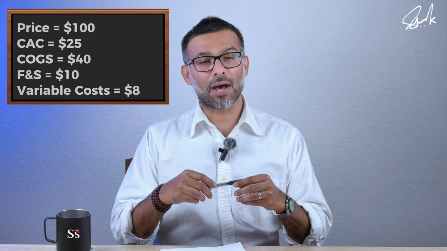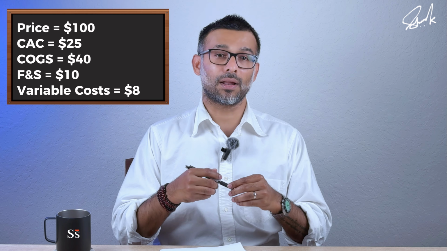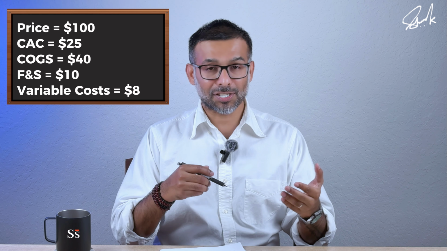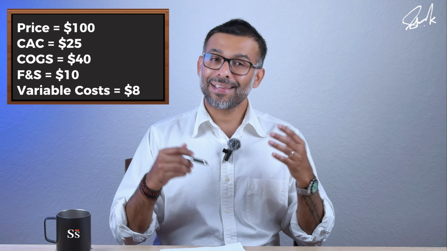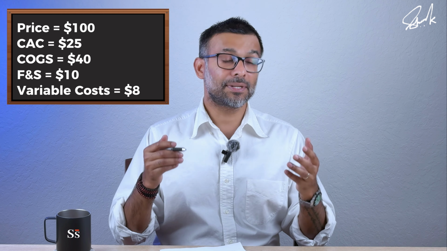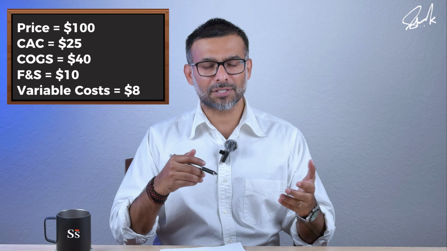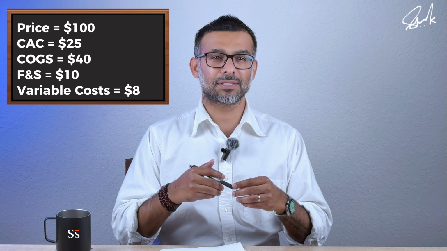Let's say you sell a product for $100 and your customer acquisition cost is $25. Your COGS, that is product cost, manufacturing, and packaging, adds up to $40. You spend another $10 on fulfillment and shipping, and you spend another $8 on payment processing, customer service, returns, which are your variable costs.